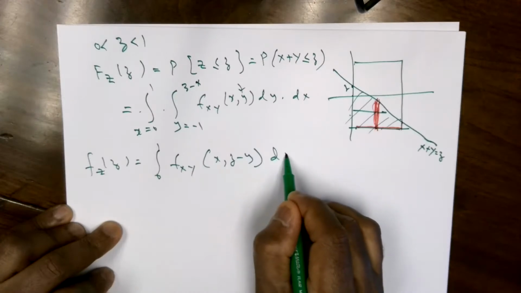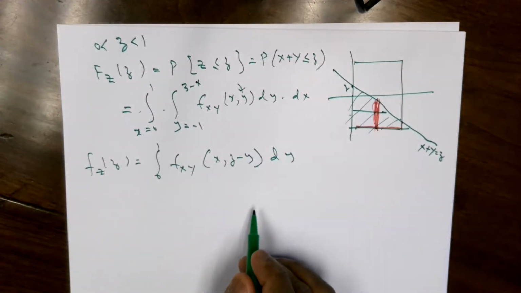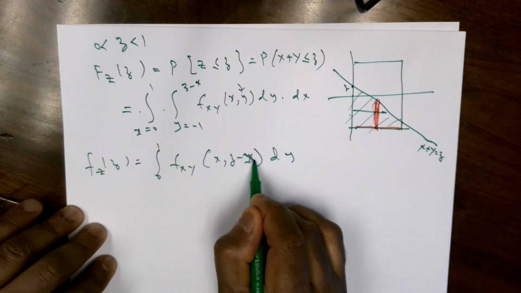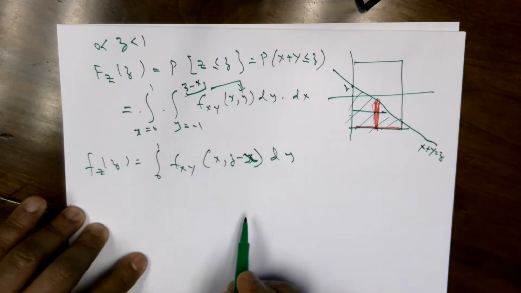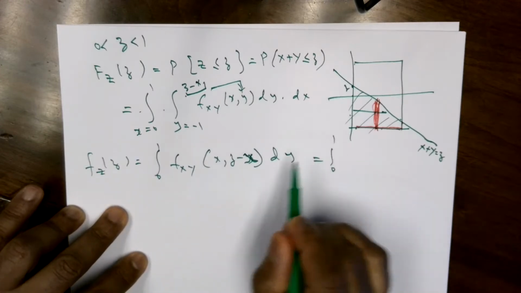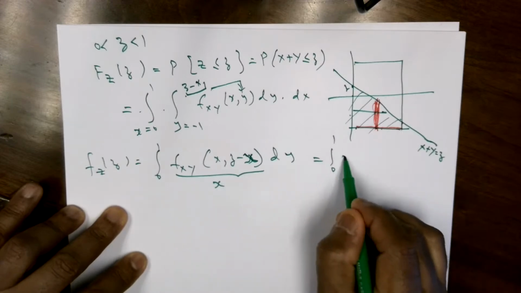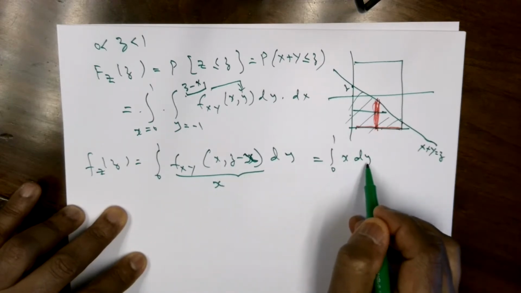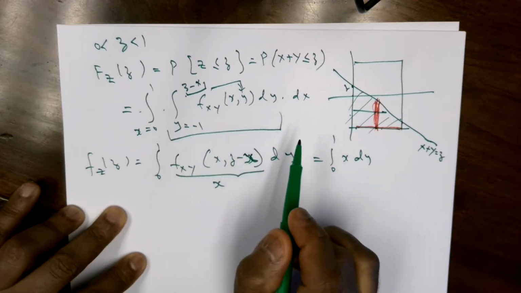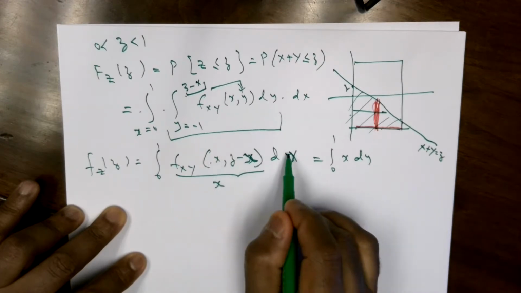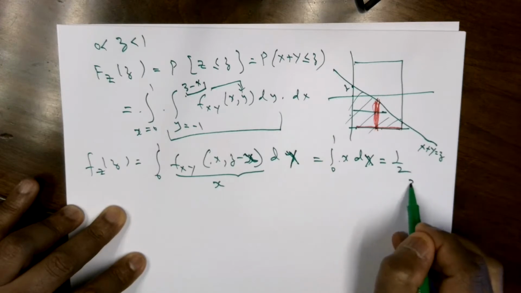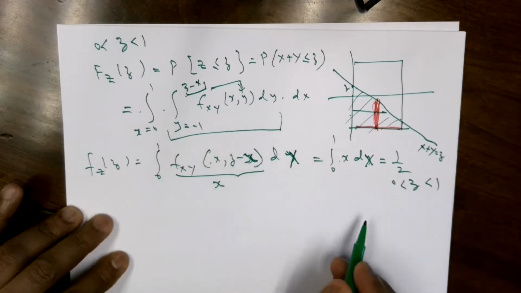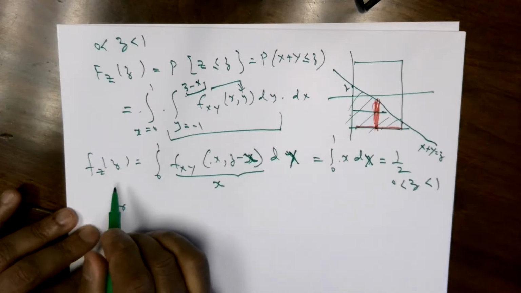So essentially it's just this, z minus x rather, because this limit comes and sits here. This integral is easy to compute because this term is just x, so this is x dx. I'm sorry, this will be with respect to x. So that's x squared by 2 from 0 to 1, so that's half for z between 0 and 1. So that's also done. The last case is z between 1 and 2.